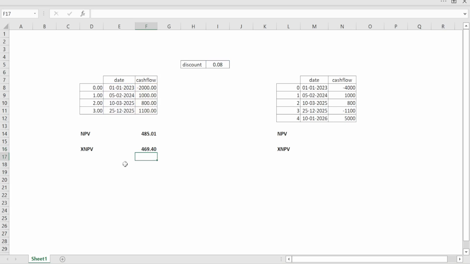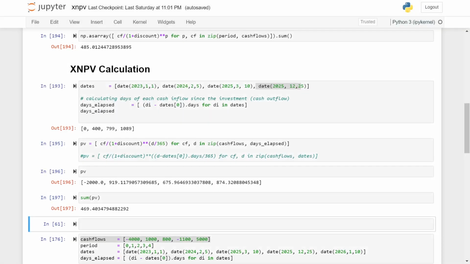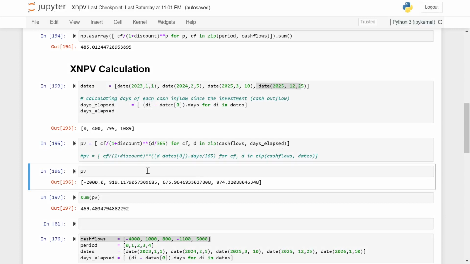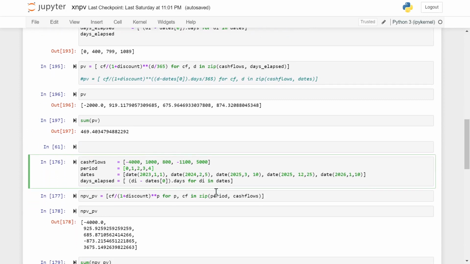Right? Now let us again go back to the Jupyter Notebook. So this is our Jupyter Notebook. Now let us take another example. This time, we will consider 5 cash flows, 2 being outflows, 3 being inflows.